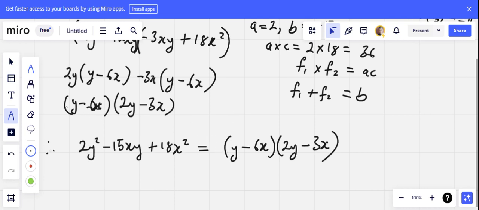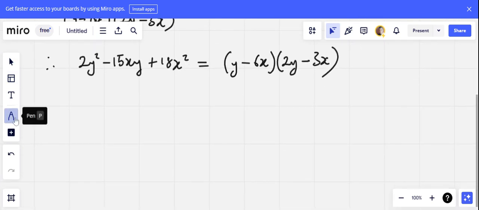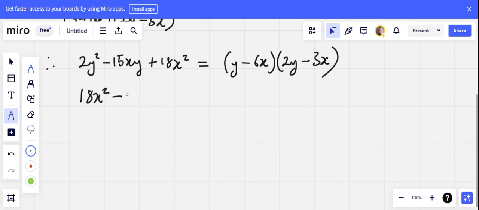However, if you want to go the other way around by considering x as the variable instead of y, it will still be the same procedure. So let's quickly run through that. Assuming it is only with respect to x, let me rearrange this. It is the same thing as 18x squared minus 15xy plus 2y squared.